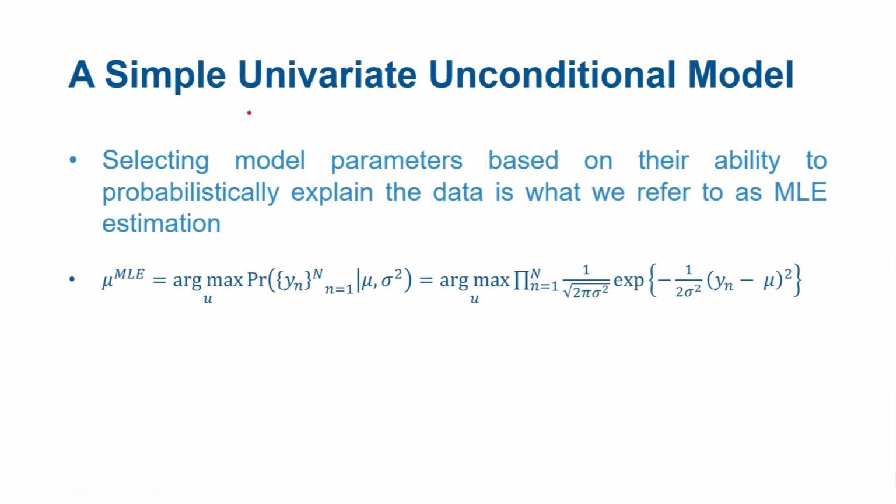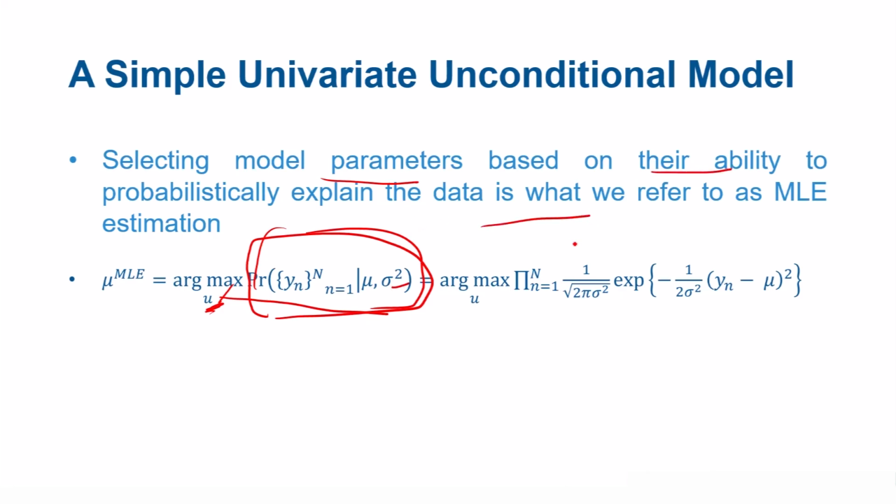Put in a very simple form, you will find this expression, joint probability or likelihood, and the value of mu that will maximize this joint probability will be our maximum likelihood parameter. So we are selecting the model parameters like mu or sigma square based on their ability to probabilistically explain the data. This is our typical maximum likelihood estimation. We are trying to find those parameters mu and sigma that will maximize the probability of the data that we observe.